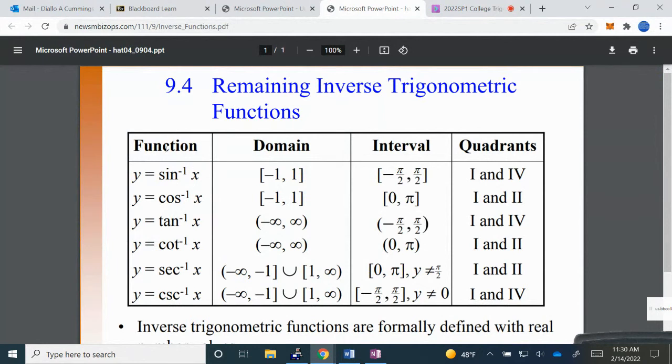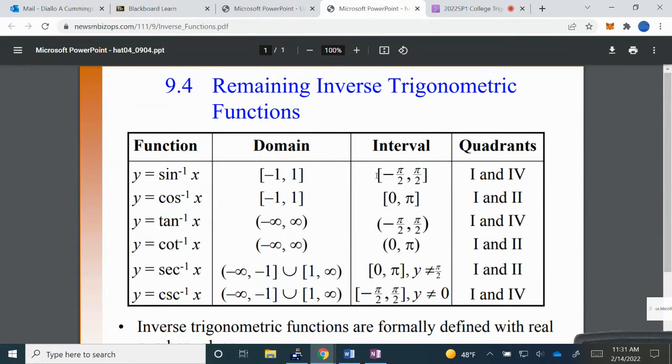What we want to pull out is the first column, where we have all of our arc functions. This very first arc function is read as the arc sine of X. It's also read as the inverse of sine. So you may hear me say arc sine, arc cosine, but you may see it written out as inverse sine or inverse cosine.